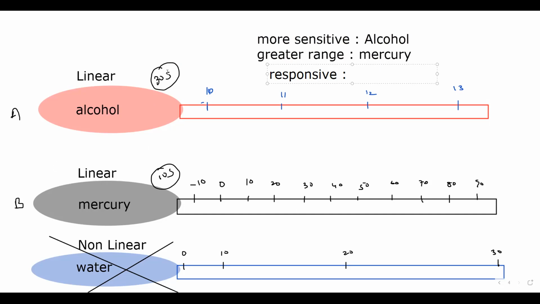Alcohol takes 30 seconds to respond, mercury takes 10 seconds. So mercury is more responsive as compared to the alcohol thermometer.